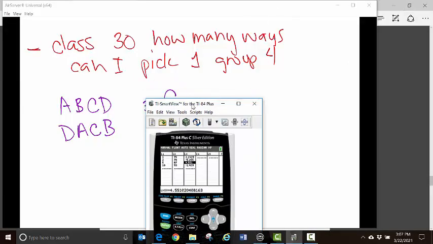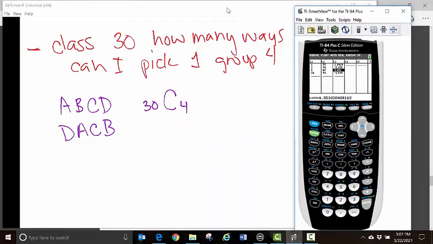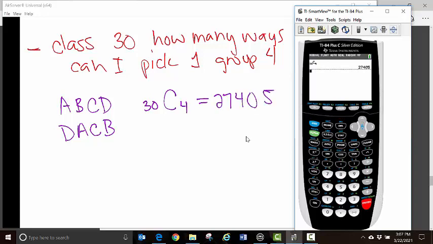They're great to know, but for the test, if order doesn't change the group, then you just hit 30, math, PRB, 30 choose 4, and there you go. There are 27,405 different groups I could make. It's out of control.